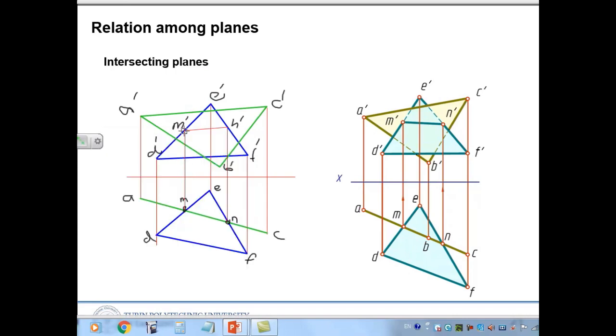So let's make a stick line. From this point, it becomes hidden. And this side also will be hidden. And the green one is from here, hidden.